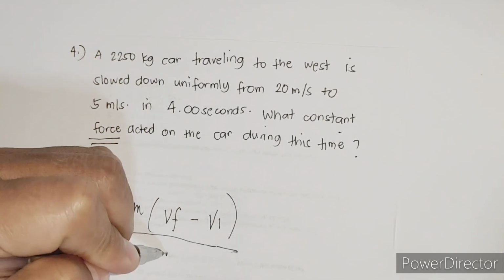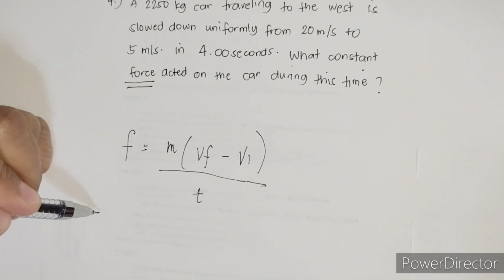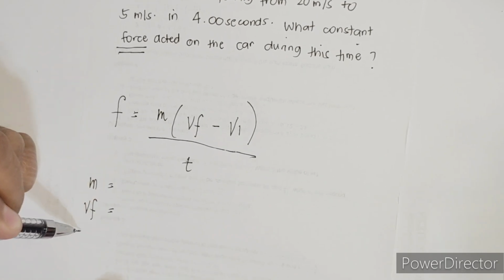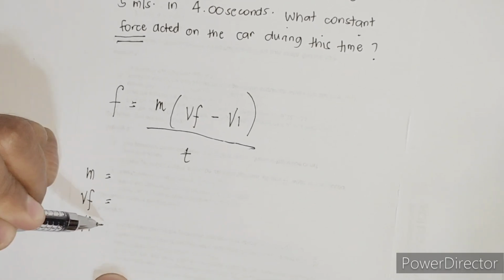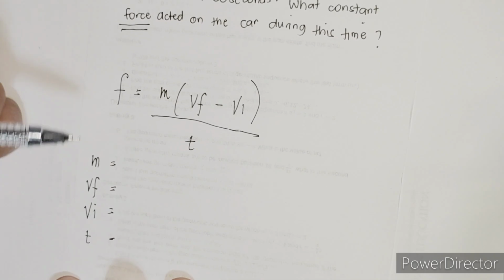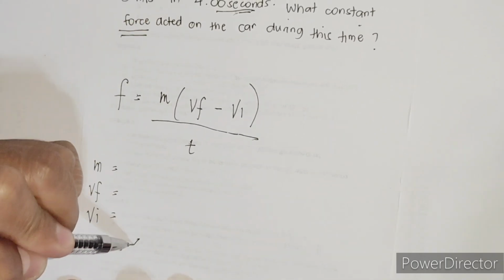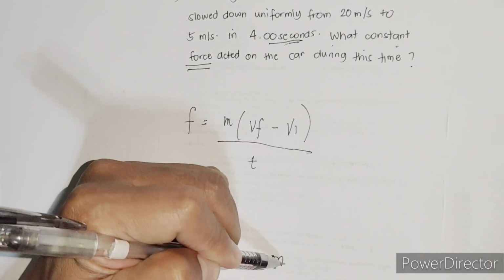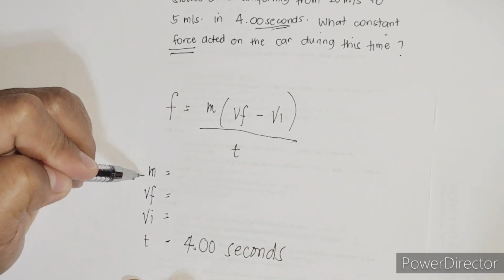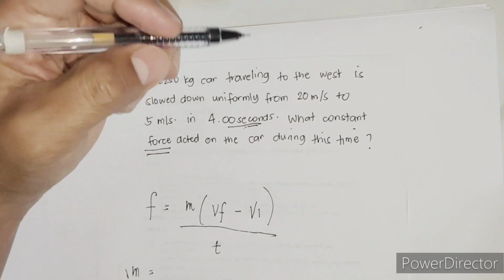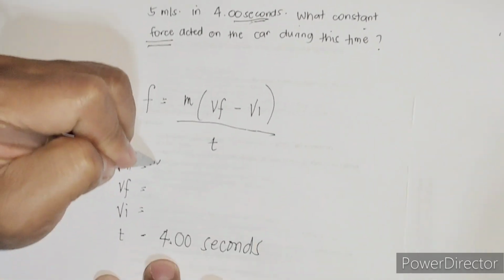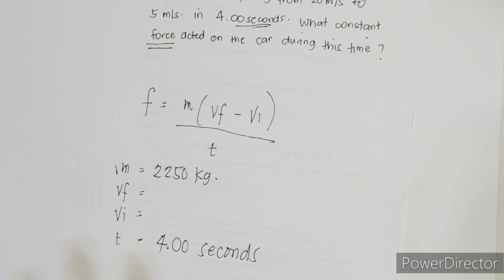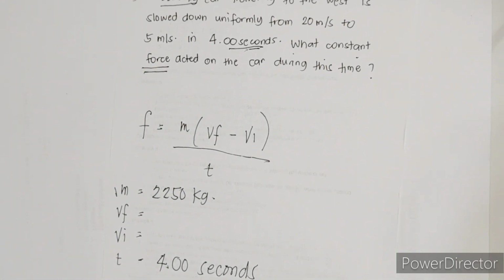all over time. So, kailangan muna natin i-identify mga anak ang mass, ang final velocity, ang initial velocity, and our time. Obviously, our time is 4.00 seconds. And obviously, kapag sinabi nating mass, always in kilogram. And that is 2,250 kilogram. Let's analyze very carefully the problem.